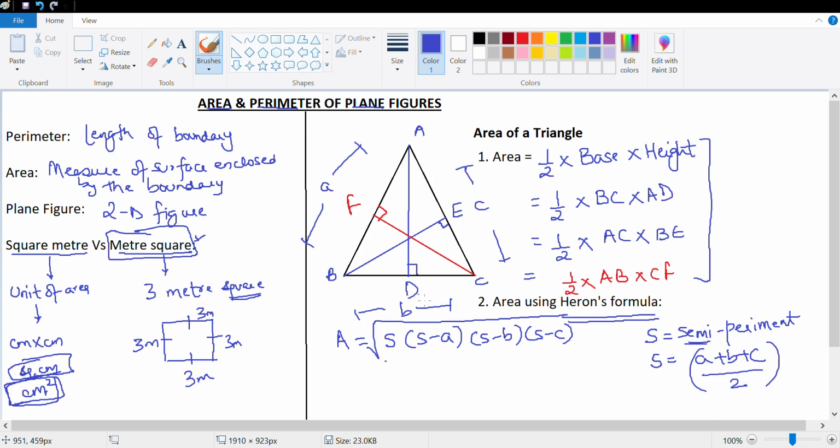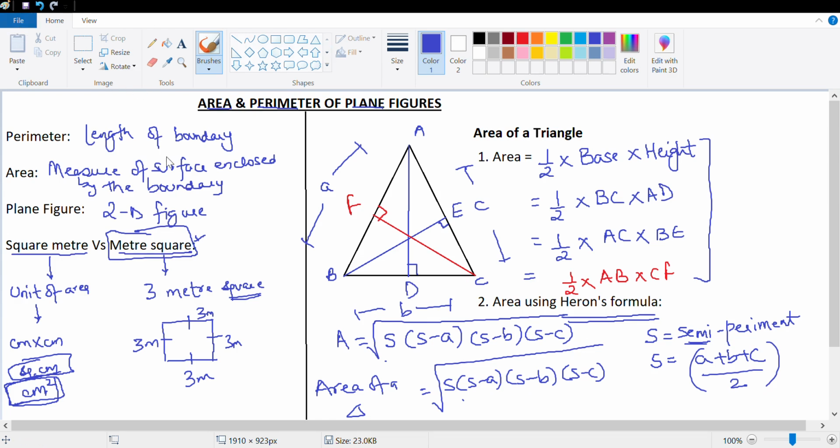A is side 1, B is side 2 and C is side 3. So I repeat, the area of a triangle is equal to the square root of S times S minus A, S minus B, S minus C. S is the semi-perimeter, which is A plus B plus C upon 2, and A, B, C are the three sides of this triangle.